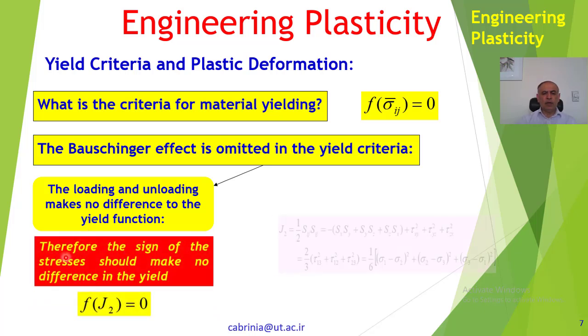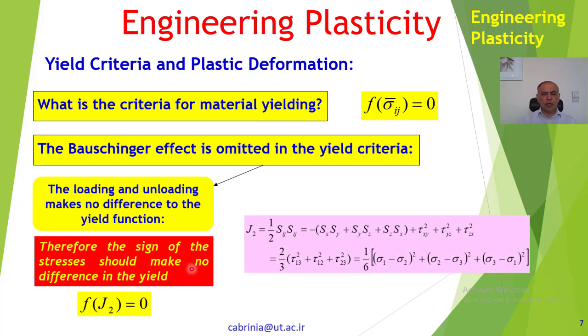That's how we do it. We say that the sign of the stresses should make no difference in the yielding. If the sign should make no difference in yielding, then we make the yield function only a function of J2, where you can see that J2 is equal to that. So if sigma 1, sigma 2, sigma xx, sigma yy, etc. have negative signs, that means applying tension in the negative direction, in the compressive direction, or positive sign in the tensile direction, it doesn't make any difference because they are to the power of 2.